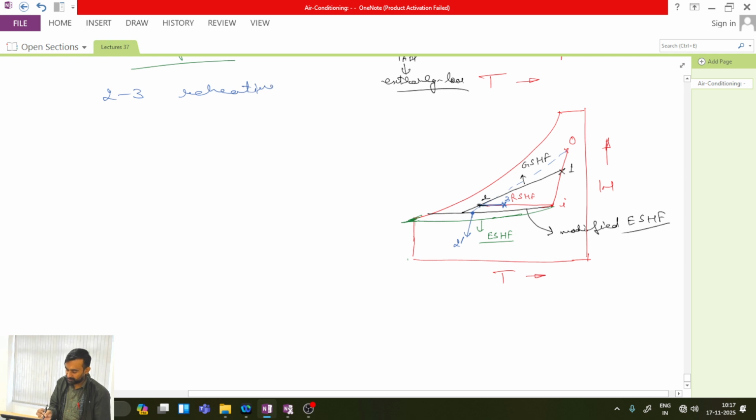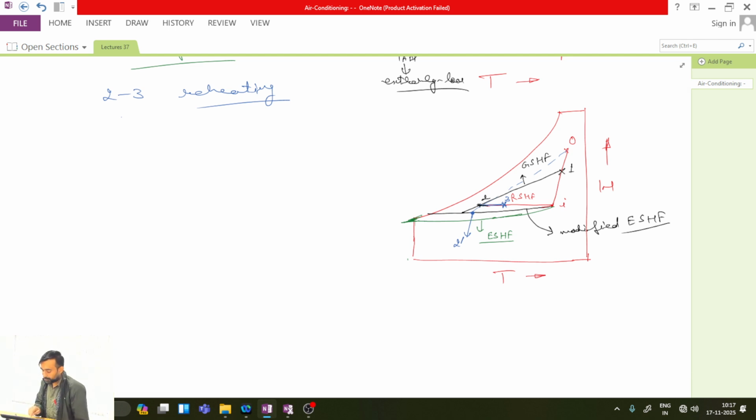I will again explain this entire thing with the help of one example. You have to understand one very important point here: when I draw the room sensible heat factor line, it is not that steep. Why? Because it corresponds to the conditions coming from the room, but the ESHF line becomes steep. Why is ESHF becoming steep?